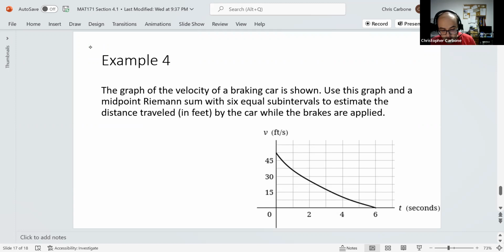So the picture for this, since we are using 6 of these, is going to look something such as this, just to give you a visual guesstimate of each of these sizes of the rectangles.